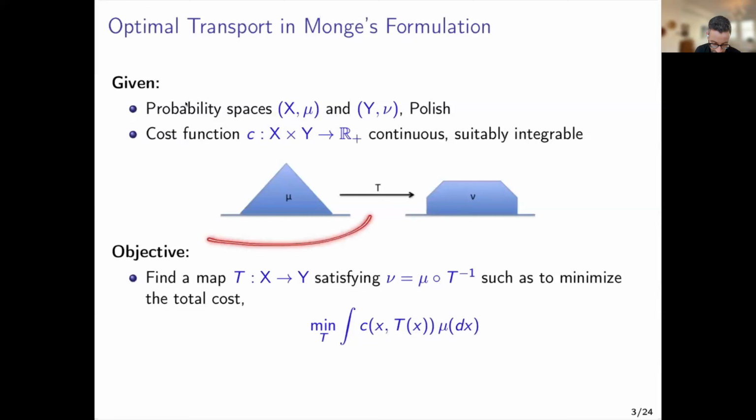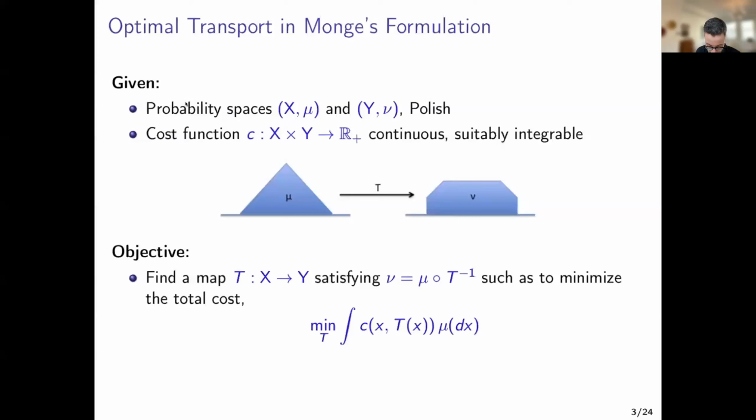So we think that we are given one probability measure, which is the origin, the mu, and we want to say this is a sand pile. We want to transform it into another sand pile in a different location, in a different shape, nu. And in Monge's formulation, we do that by means of a transport map T. What T does is basically it picks up all the mass from some location x, and it brings it to some location T(x).